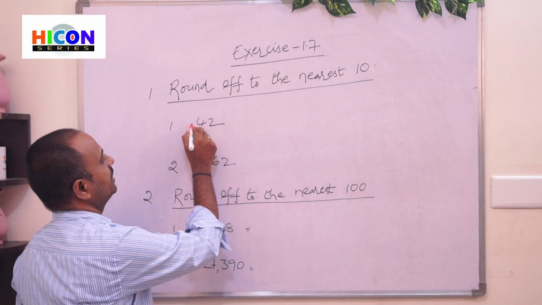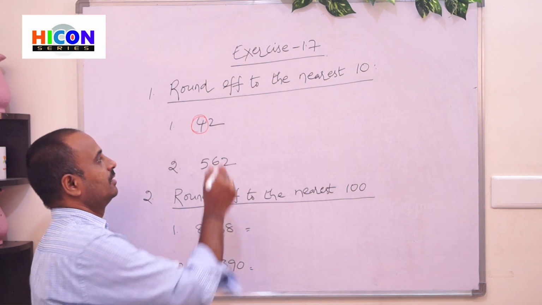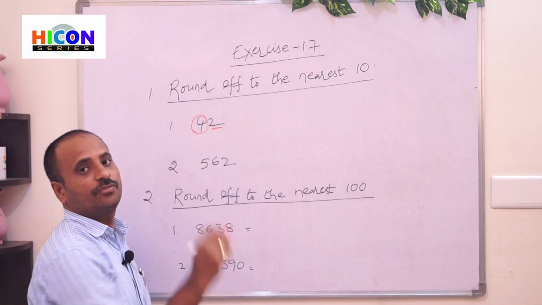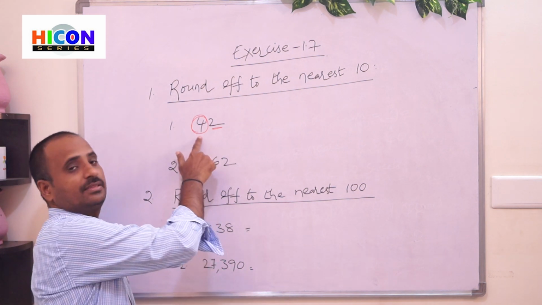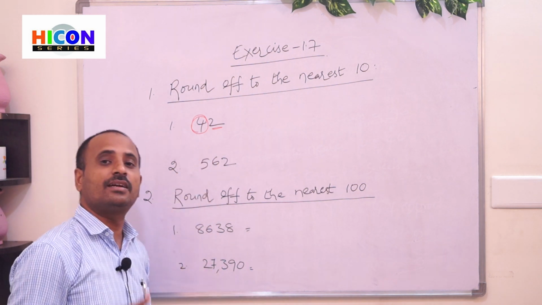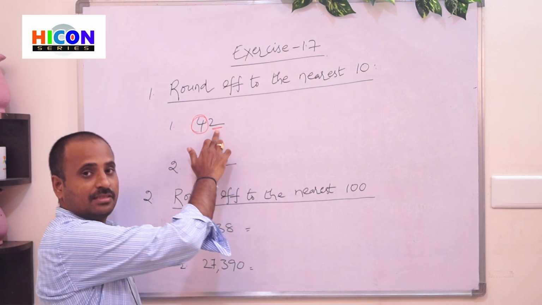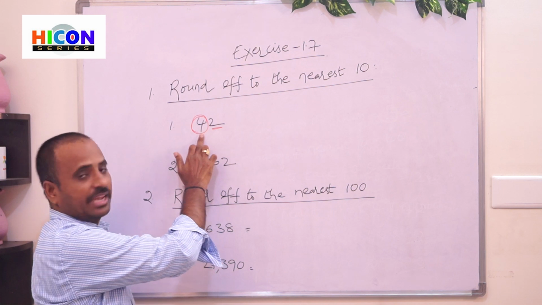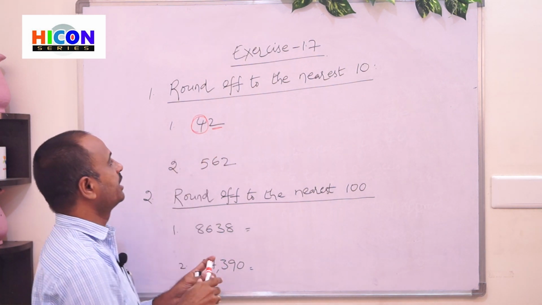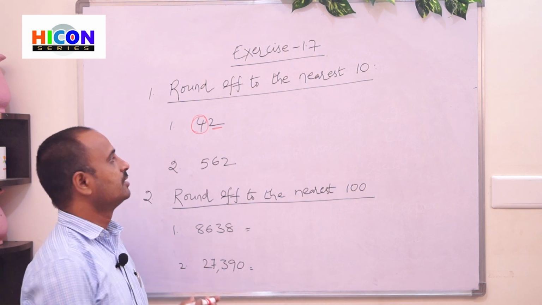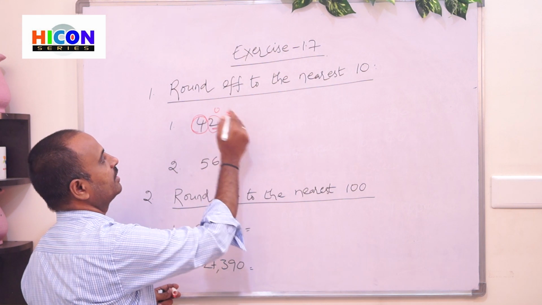The digit in the tens place is 4, and check the next digit. The next digit is 2. If the next digit is less than 5, keep the same tens, and if the next digit is greater than 5, write the next tens. Here 2 is less than 5, so keep the same tens, that is 4, and keep 0 for the remaining digits. There is one digit after the tens place, so keep 0 in that place.